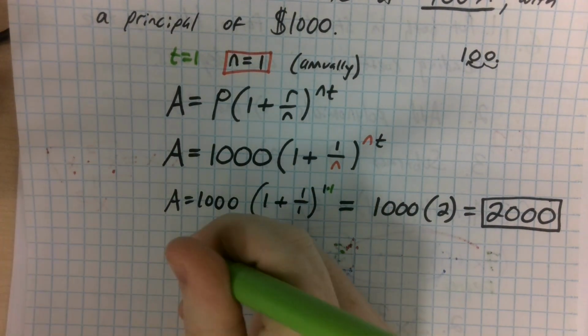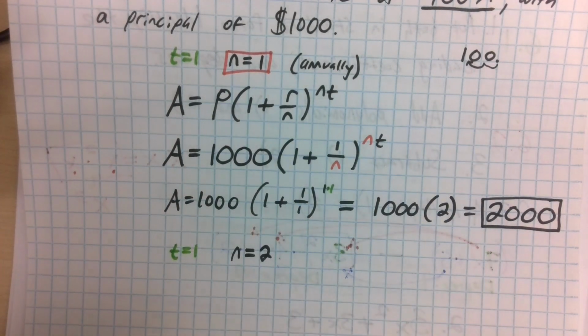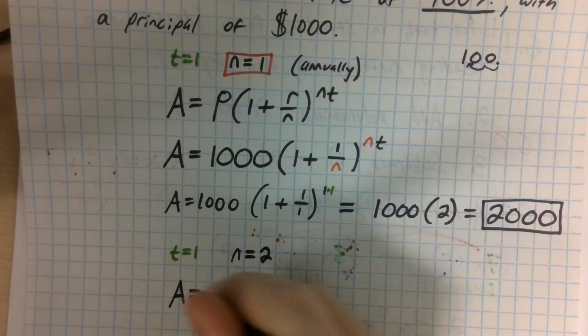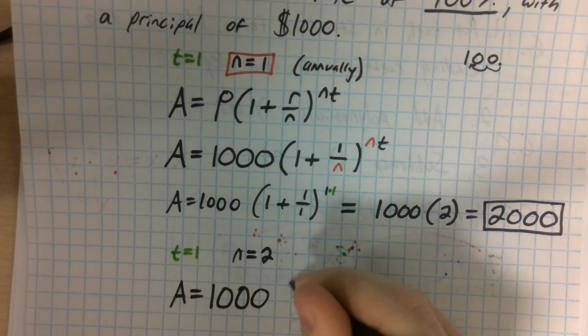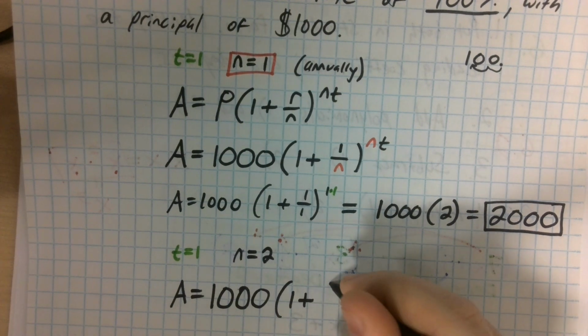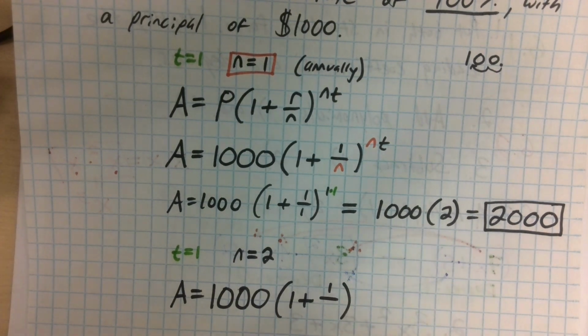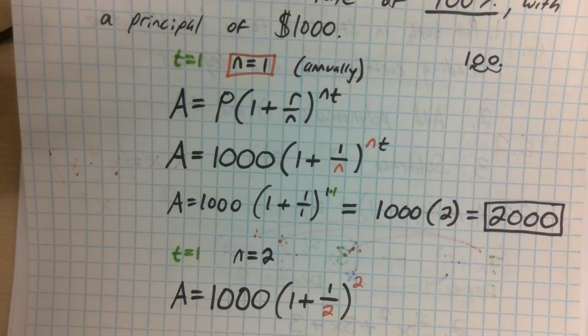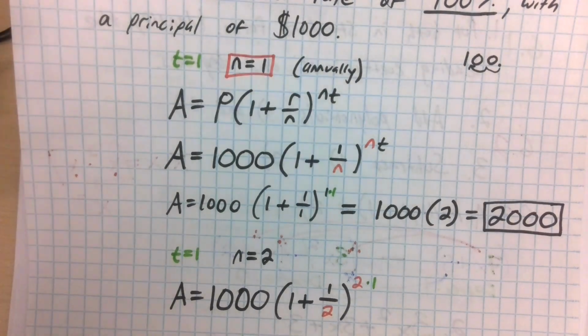And again, we want to see how much money we would have after 1 year so we can compare these two accounts. Well, here, everything would be the same. It'd be $1,000 times 1 plus 1 over n, but this time n is 2. So it would be 1 plus 1/2 to the 2 times 1 power.